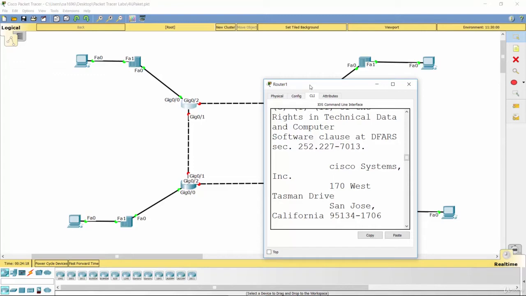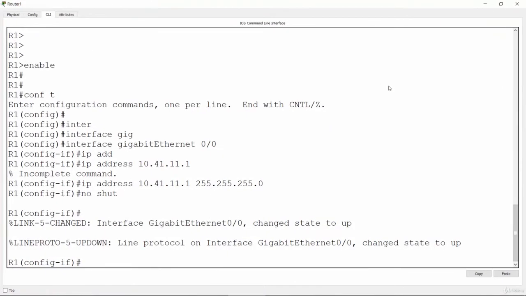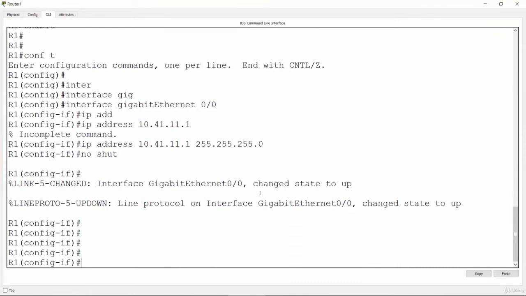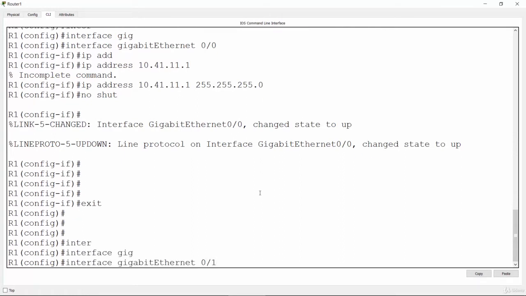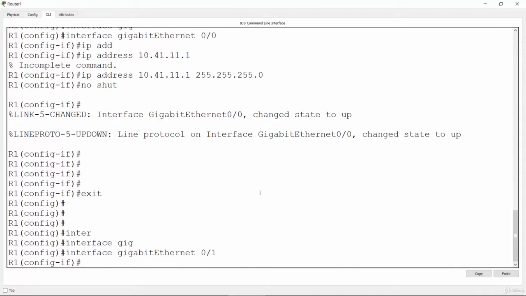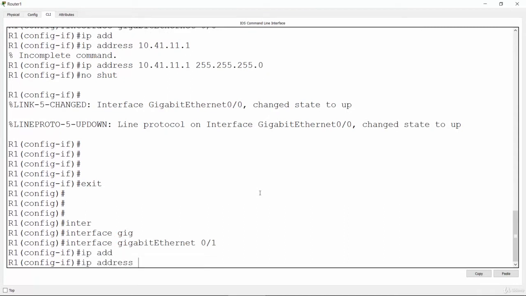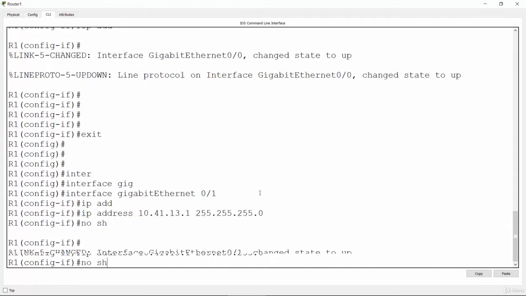Okay, it's time to take a look at router 1 first. Interface Gig0/1. I need to configure an IP address of 10.41.13.1, and no shut.